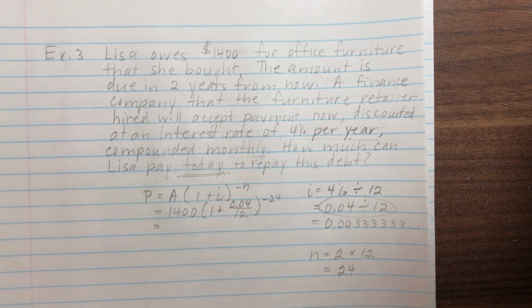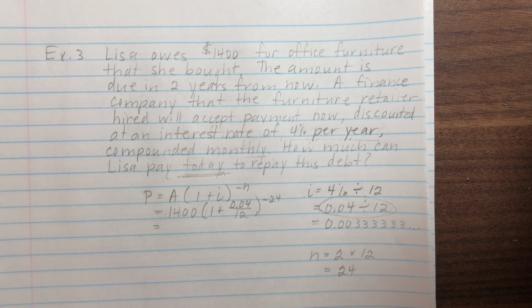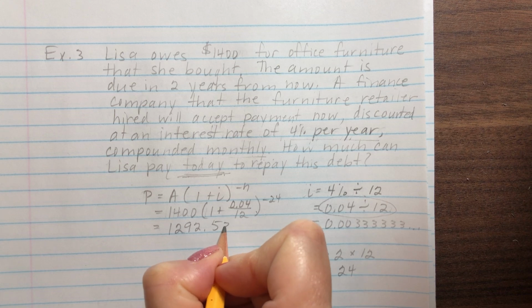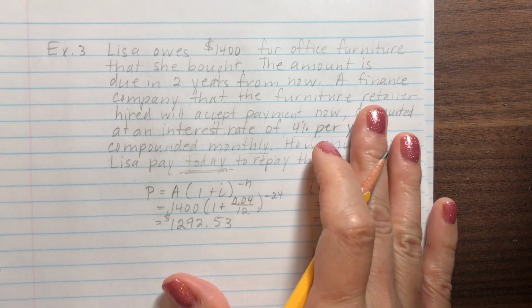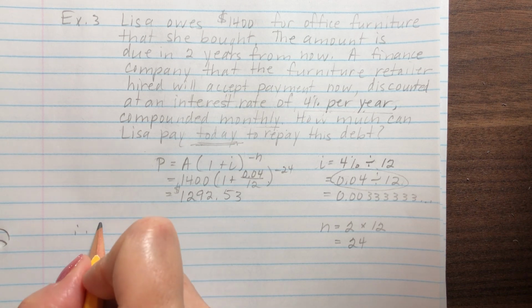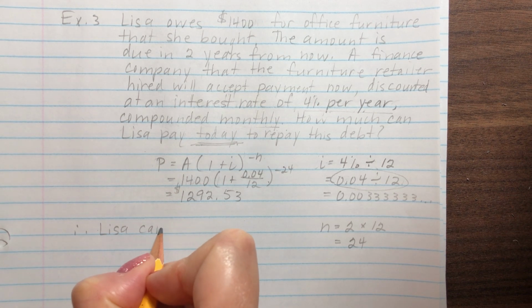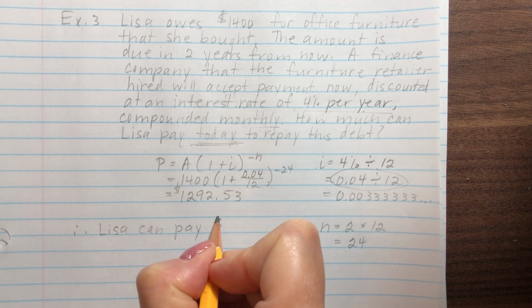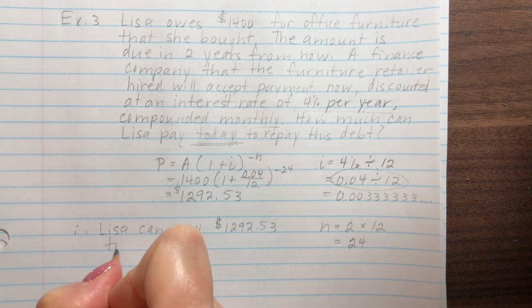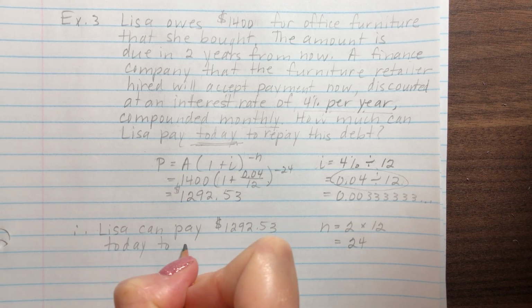And then entering that into the calculator, we would enter 1,400 times (1 plus 0.04 divided by 12), all of it raised to the exponent of -24, giving an answer of $1,292.53. Okay, so therefore, Lisa can pay $1,292.53 today to repay her debt.